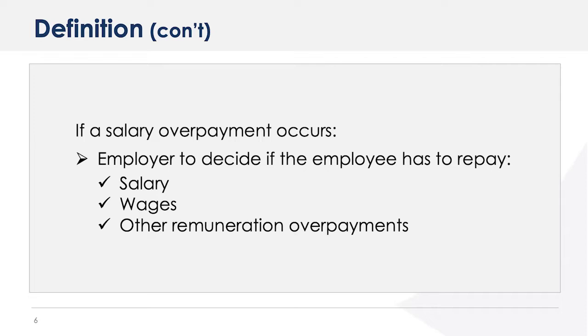As well, it's important to note that in the event an employee does not repay the salary overpayment they received in error, the overpayment and corresponding deductions must still be included on the employee's T4 slip.